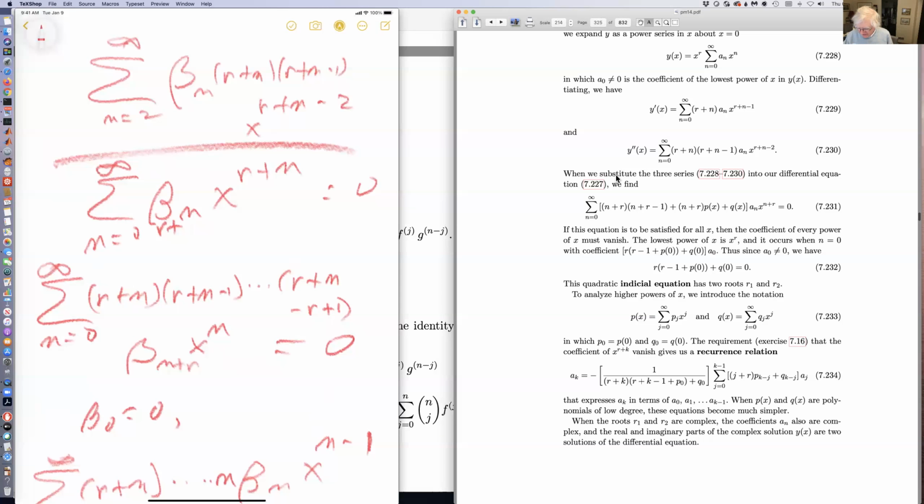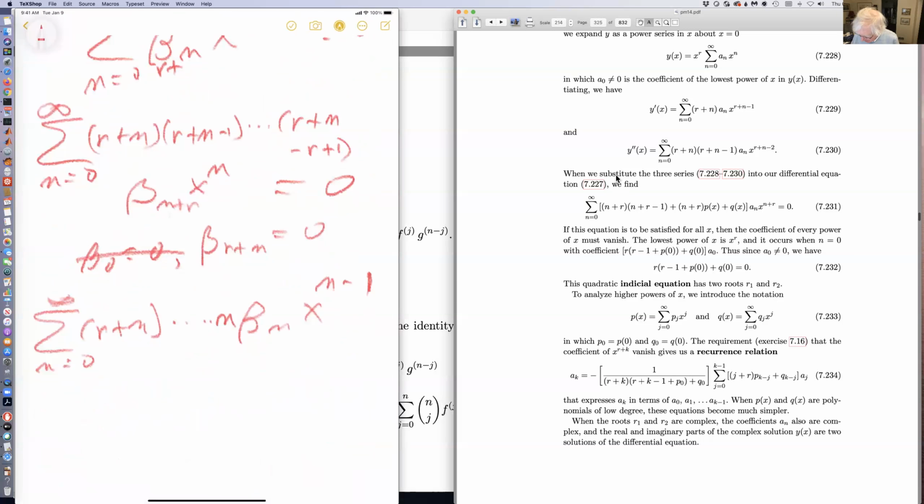If you set this equal to 0, what you then get is not beta 0 is 0. You get beta of r plus n is equal to 0. Then, as I said, you differentiate. Now set x equal to 0, and you get only the n equal to 1 term, and so this is beta of r plus 1 equals 0, and this one was beta of r.